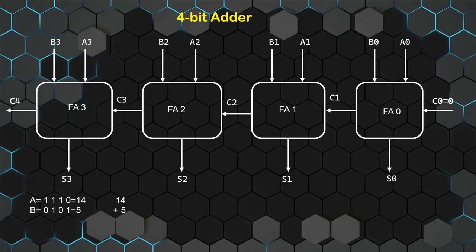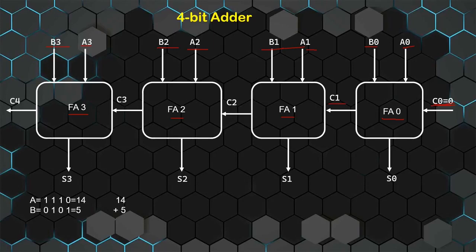Then let me explain you 4-bit adder, 4-bit subtractor. Here you can see FA0, FA1, that means full adder 0, full adder 1, full adder 2, full adder 3. A0, B0, A1, B1, A2, B2 and A3, B3 are the inputs. C0 initial value is set to 0 and the C out is taken as the input for FA1.